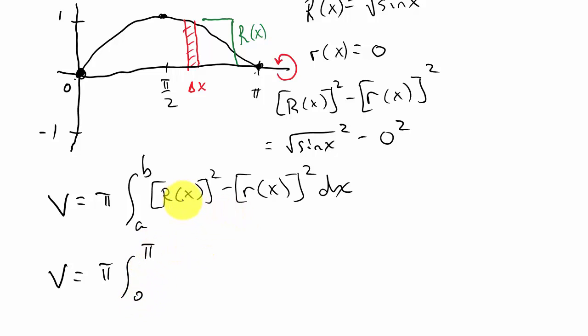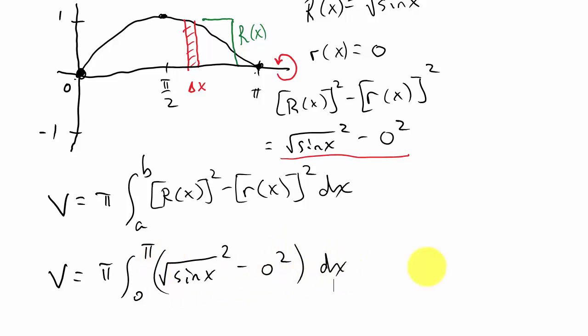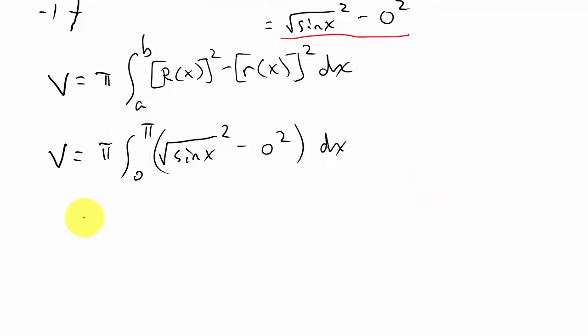And big R of x squared minus little r of x squared is this part right here: the square root of sine x squared minus 0 squared dx. So that gives us pi times the integral from 0 to pi, and when we square this and the 0, that just gives us sine x dx.